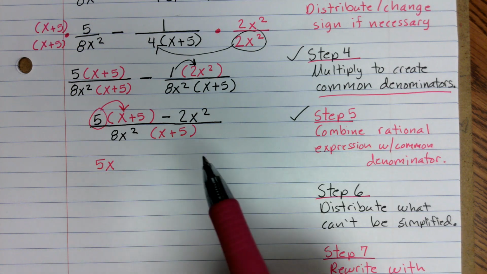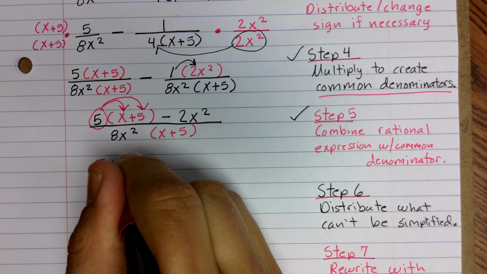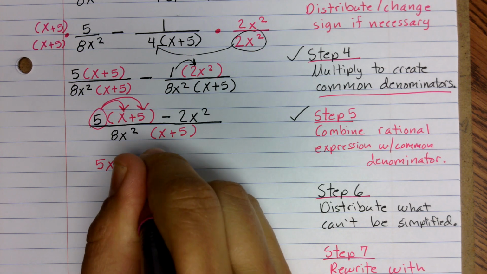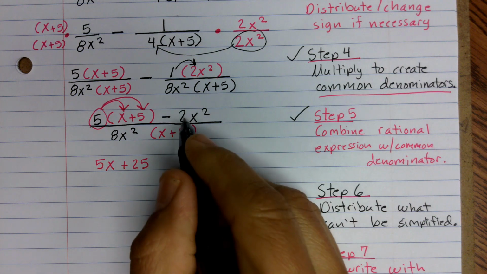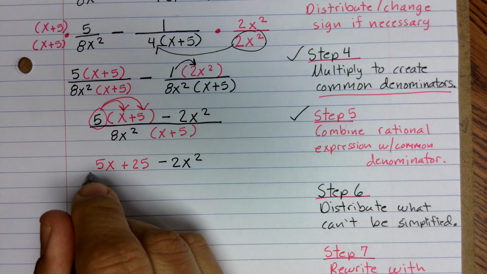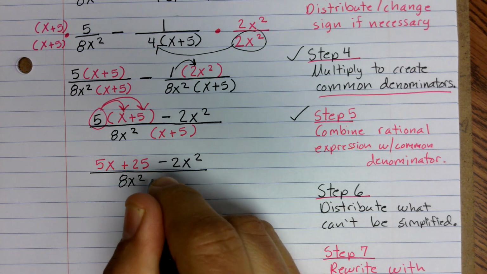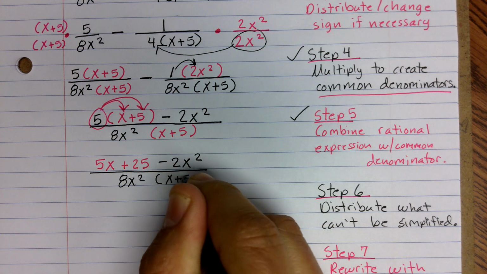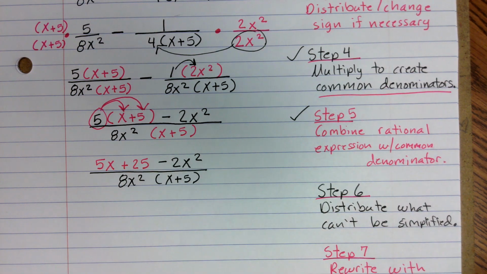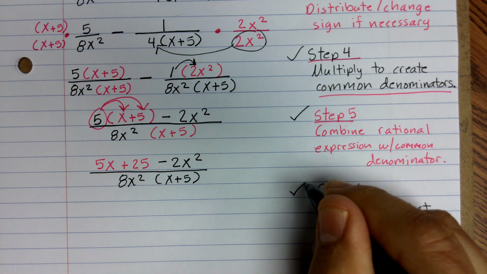I'm then going to take that 5 and multiply it to the positive 5, which is going to give me positive 25. And then we still have this minus 2x squared. And this is all over 8x squared times x plus 5. So step 6 is done.